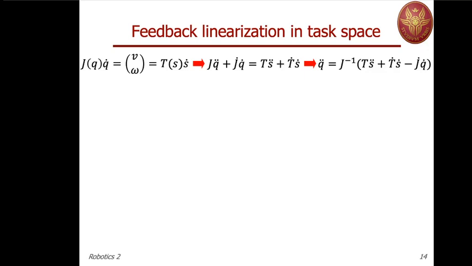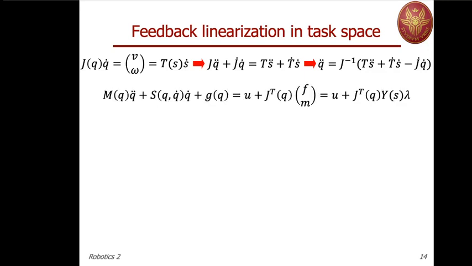And now this acceleration, no wonder, will be substituted in the dynamic model. First of all, in the dynamic model, as I anticipated, the generic wrench acting on the end effector is substituted by only the admissible wrench due to the contact. So F_m is parameterized by Y(s) lambda, and you can recognize something from the constraint dynamics that we have considered in the geometric case.